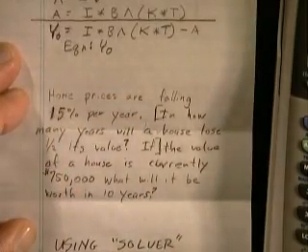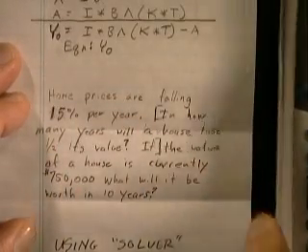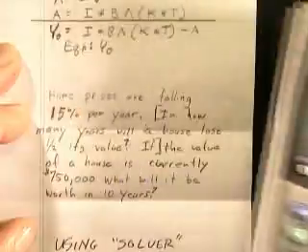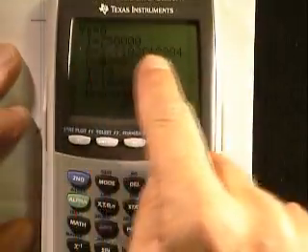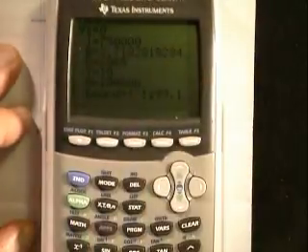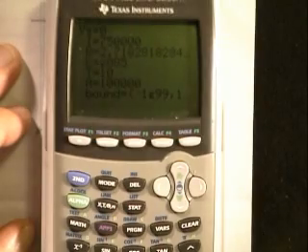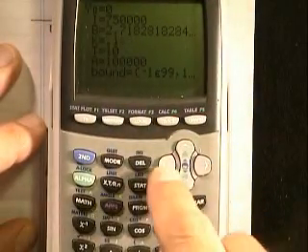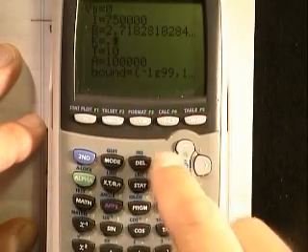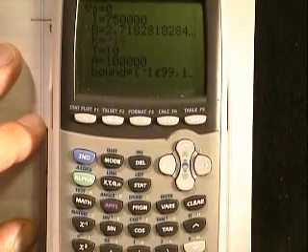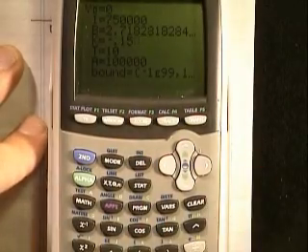15% a year. If I'm going to use the continuous compounding case, then I could use a B of 2.71828 and put in minus 0.15. But I'm going to do it a different way.